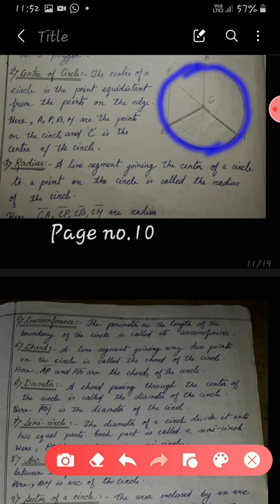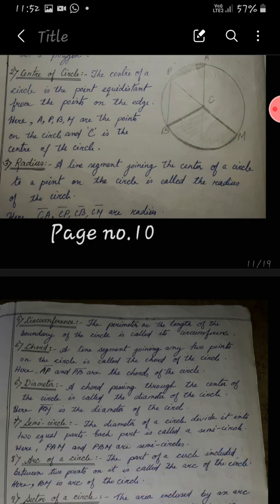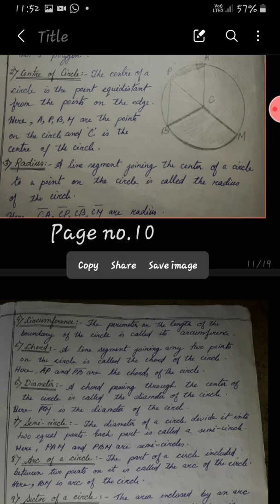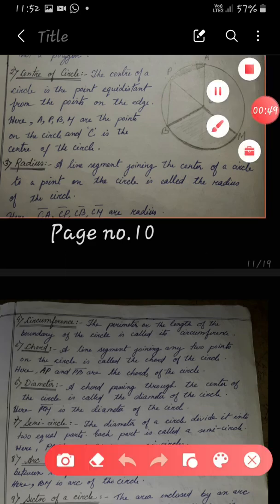Then chord. Number 5 point, a line segment joining any 2 points on the circle is called a chord of the circle. You came to know what the radius is first of all. From the center of the circle to any point on the circle is a radius. But what is a chord?